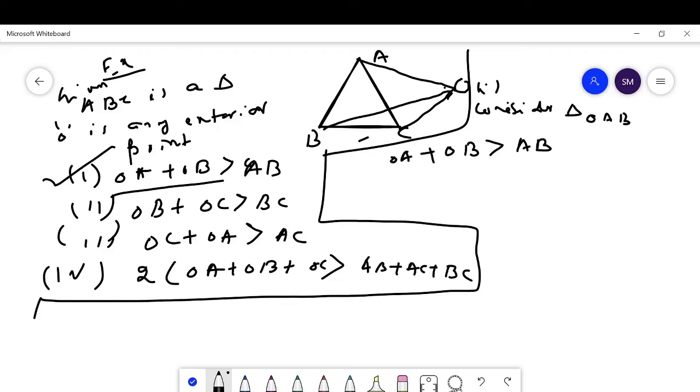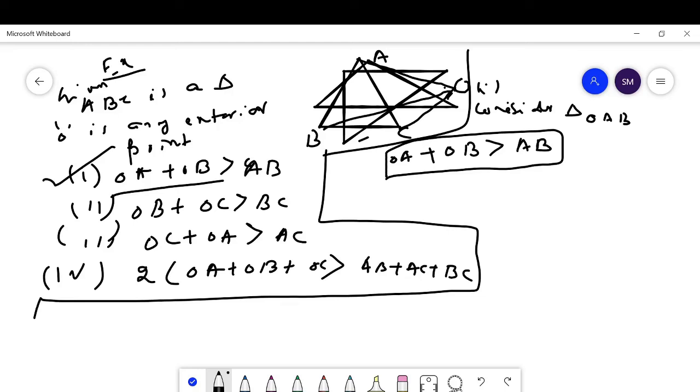The triangle inequality property says the sum of two sides of a triangle is always greater than the third side. Means here in the triangle OAB, the sum of two sides of the triangle is greater than the third side. OA plus OB is greater than AB.